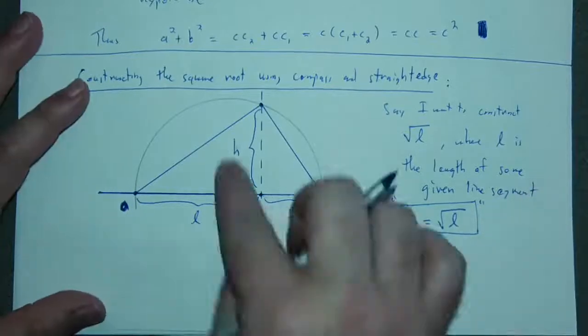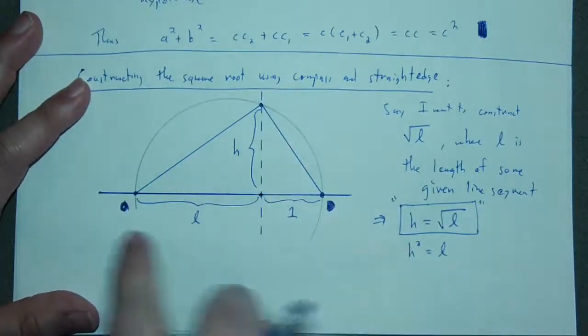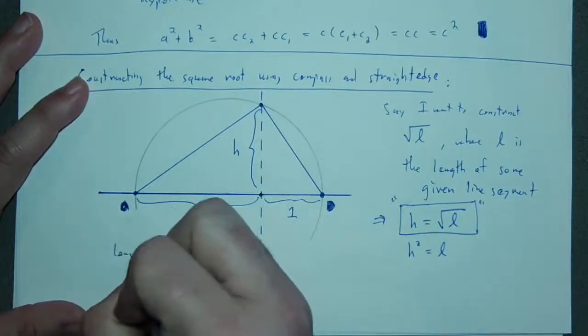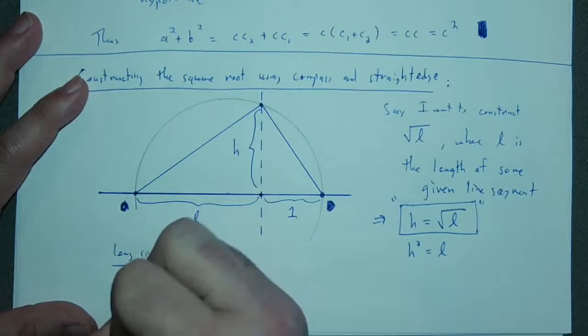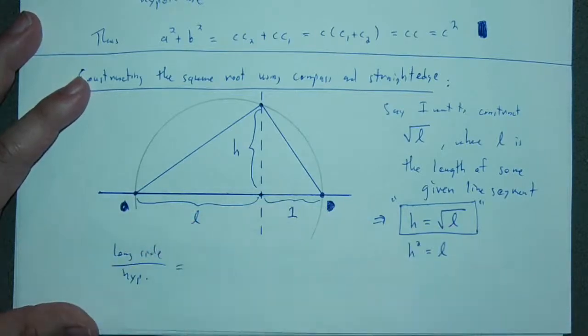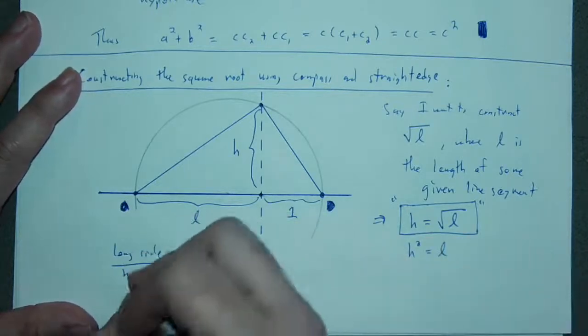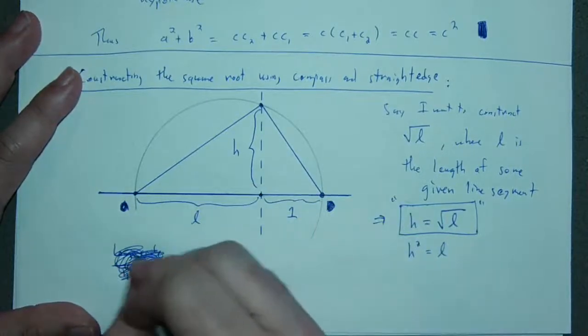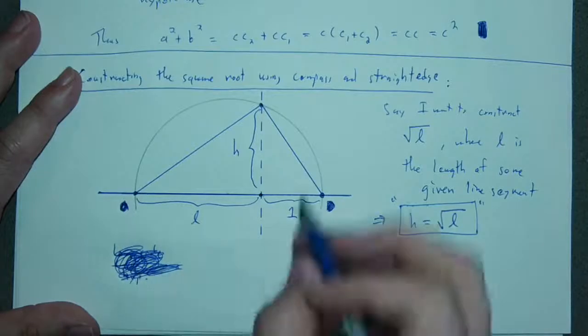So quickly, because as before, we know that this splits this right triangle into similar triangles. So I can look at long side over short side. Long side in the big triangle over long side in the triangle on the left. I don't want the hypotenuse showing up here at all, because all I need is long side and short side.